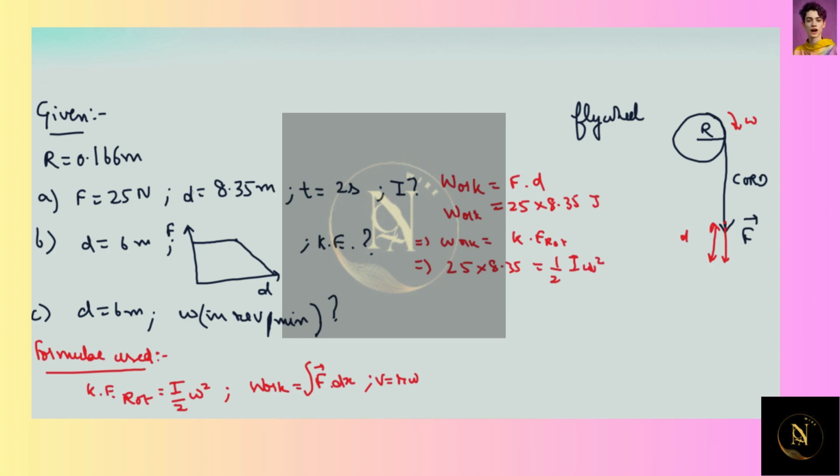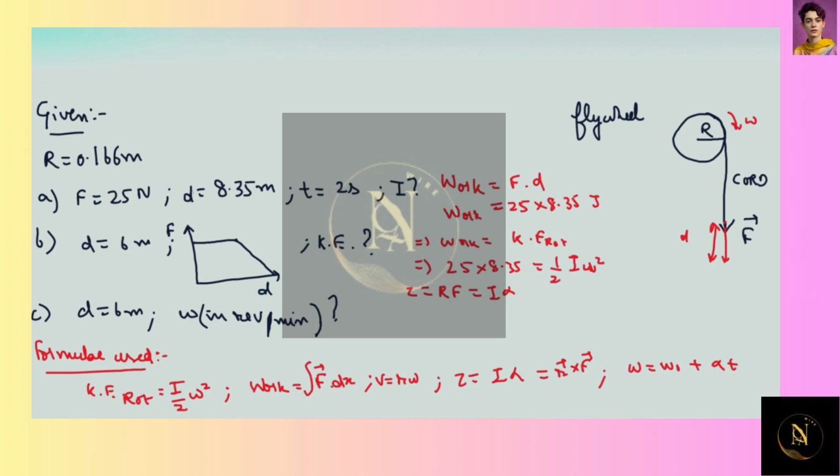So we replace omega using another formula: torque equals I alpha, and torque equals R cross F. In this case torque equals R F, which equals I alpha. We have another formula, omega equals omega naught plus alpha t, where omega naught is the initial angular velocity, omega is the final angular velocity, alpha is angular acceleration, and t is time taken.